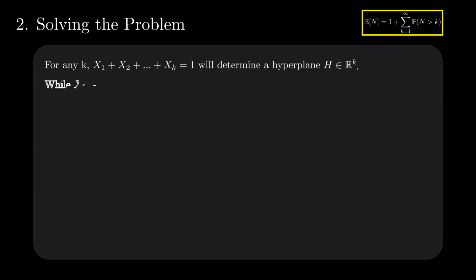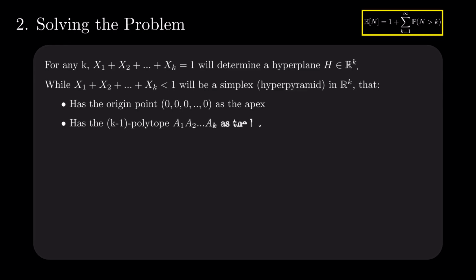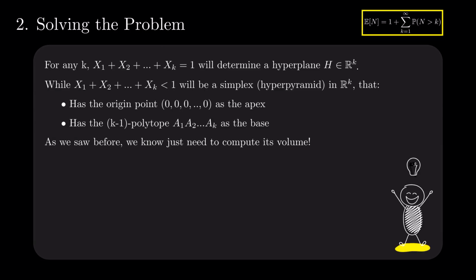The inequality represents a simplex, or a hyperpyramid, in R^k. The origin is its apex, and the (k-1)-polytope a1, a2, ..., ak is the base. Now we have to compute its volume. If you already know the formula, amazing. Otherwise, there are a few ways to arrive at it.